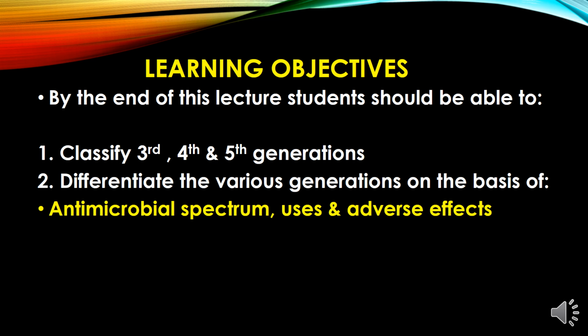I told you earlier in the previous lecture as well, this is a very important question on antimicrobial spectrum which is frequently asked in your examination. Whenever the spectrum is asked, write down the name of the organism, not the disease. And when the clinical uses, indications or therapeutic uses are asked, then you have to write the disease, not the organism. You have well attempted the assignment. Keep it up. Let's move on.